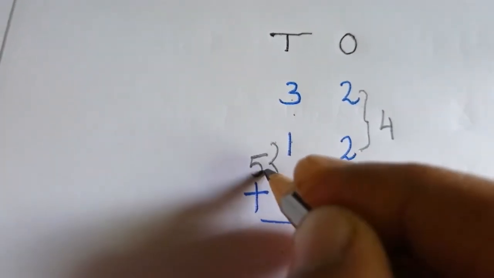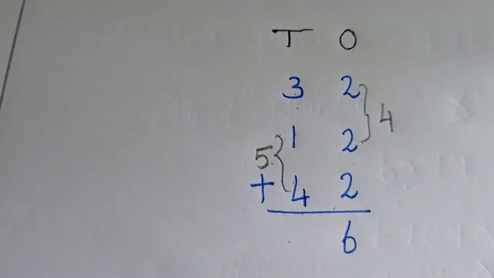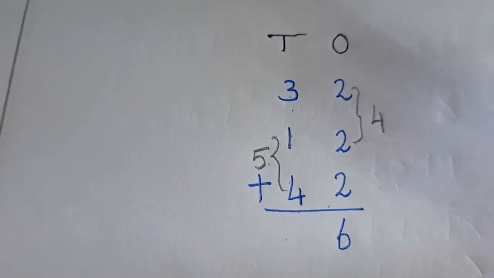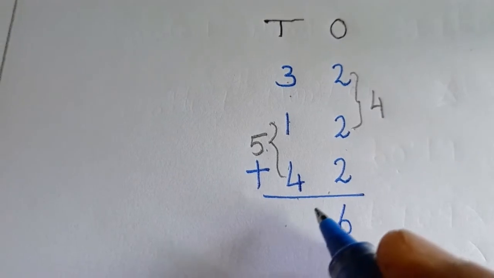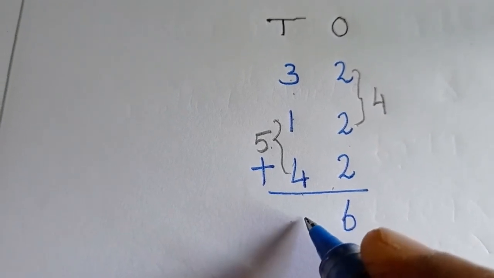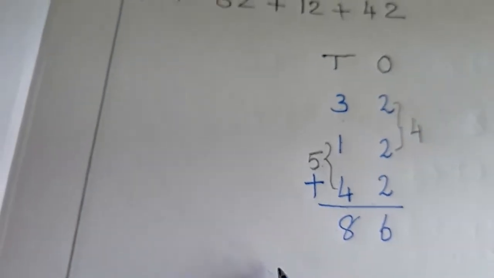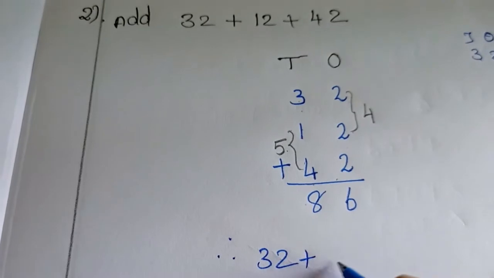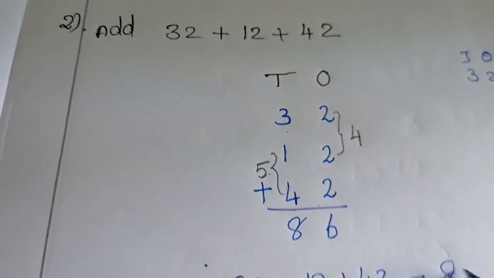Now keep 5 in mind and take 3 fingers. 5 after that 6, 7 and 8. So the answer is 8. Write it in the tens place. So the answer is 86. Therefore 32 plus 12 plus 42 is 86.